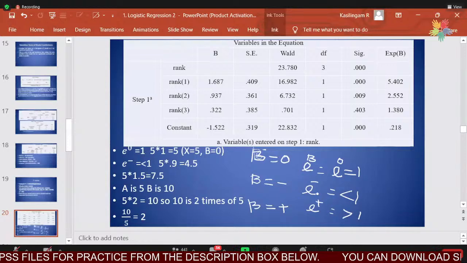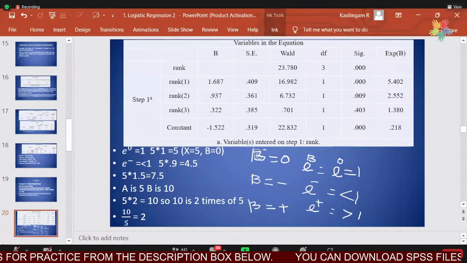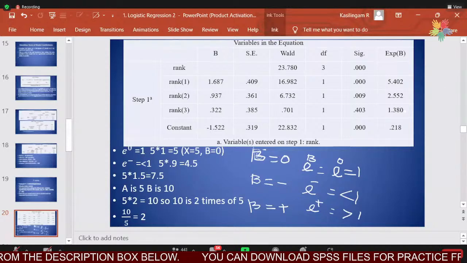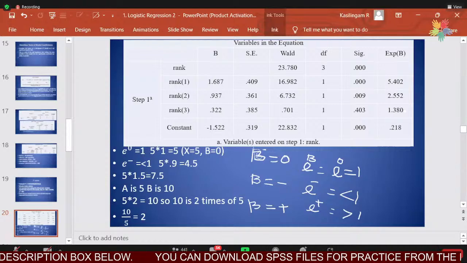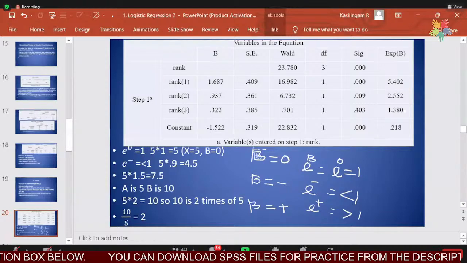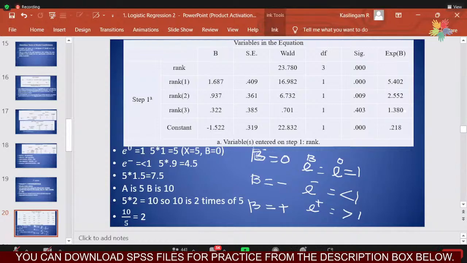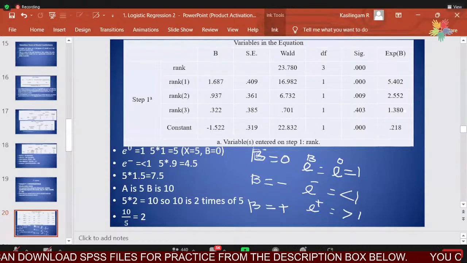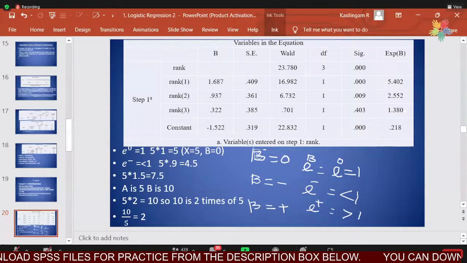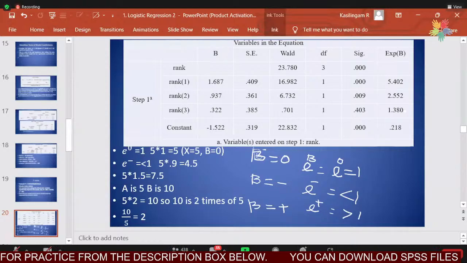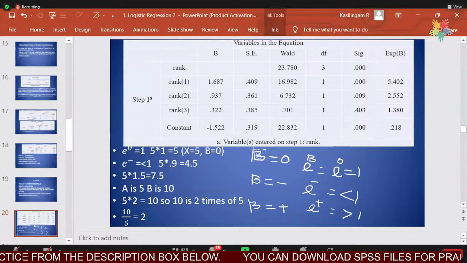Now you have to write it down: my beta is 0, my exponential is 1; my beta is negative, my exponential will be less than 1; my beta is positive, my exponential is greater than 1. Very good.